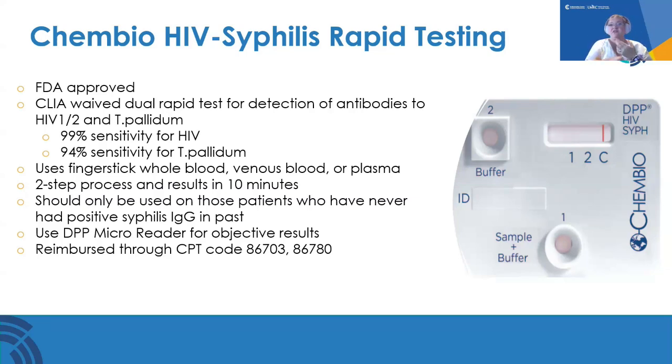It uses a finger stick whole blood. We're going to learn about it right after this, so I don't want to spend a lot of time with it. Whenever you bill for this test, you use both CPT codes, one for HIV and one for syphilis. So it's one drop of blood, and you bill for two tests. And you get two test results.